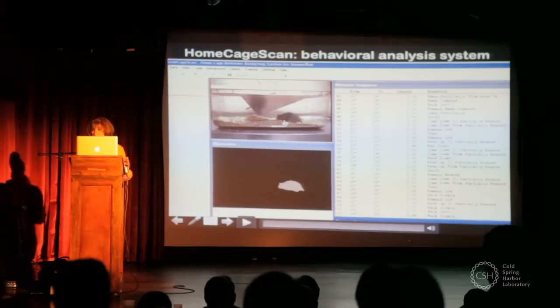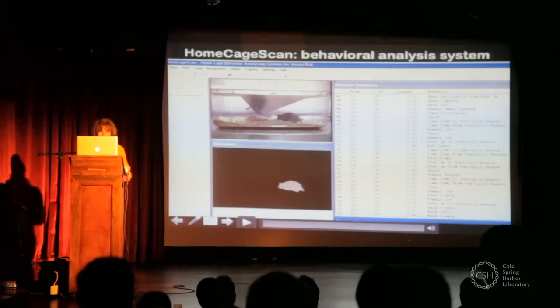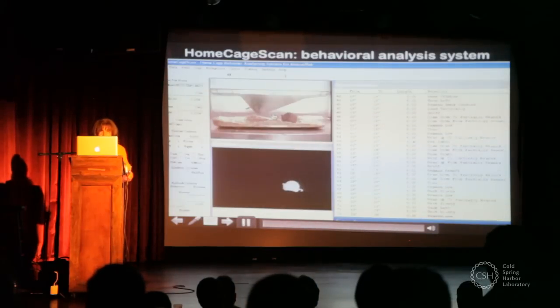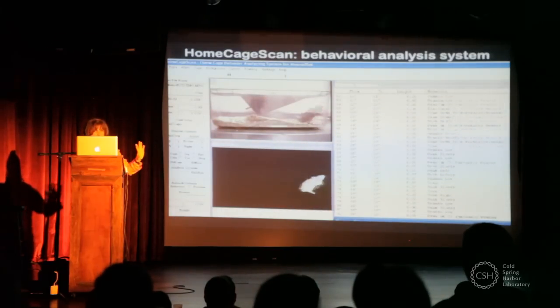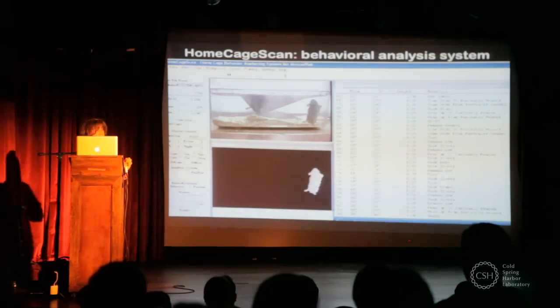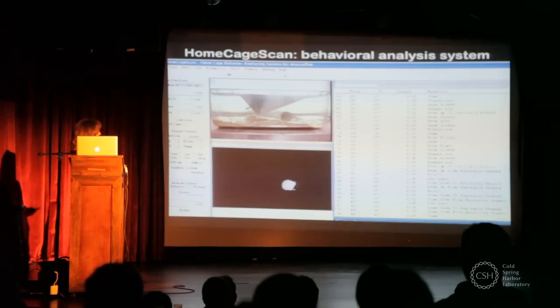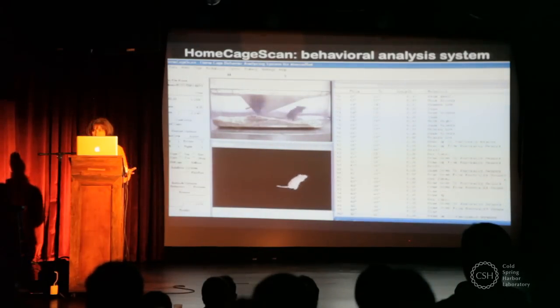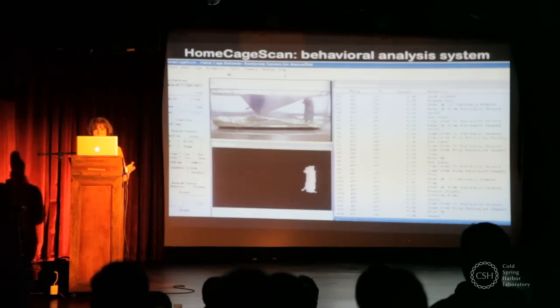So this is the system, and actually there are 4 cages that we can monitor, with individual mice per cage. And there's an infrared camera that watches the mice in the cage, and it watches what they do day and night for weeks at a time. So we're not interfering with the mice, we're simply watching what they do.